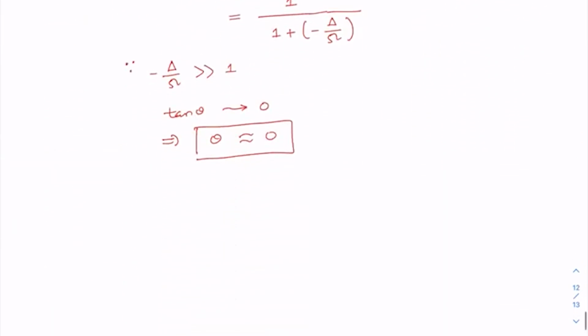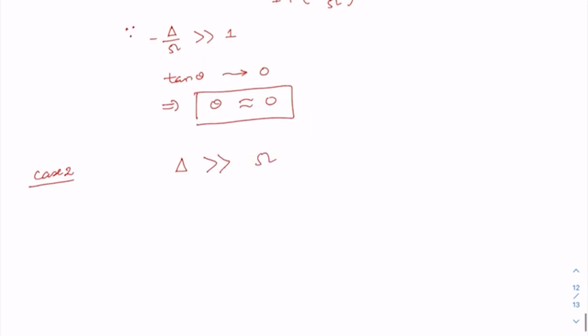And for another one, let me consider the other extreme. In the second case, let us say this detuning parameter is much larger than the Rabi frequency. This implies that omega divided by delta is much less than 1. We'll see what it leads us to. Tan theta is equal to omega divided by omega tilde minus delta.